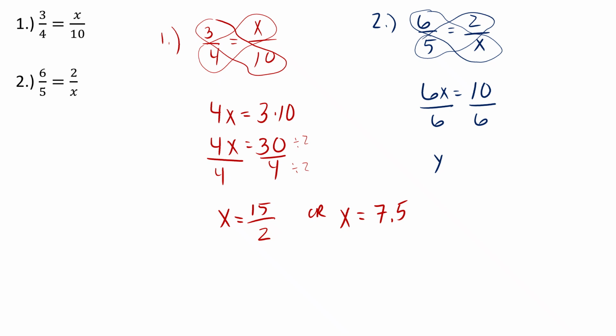Divide both sides by 6, and that will simplify to 5/3. I think I would leave it like that. The decimal equivalent is 1.6666666, like forever. So if it doesn't round off to a nice decimal, typically we don't change it over.